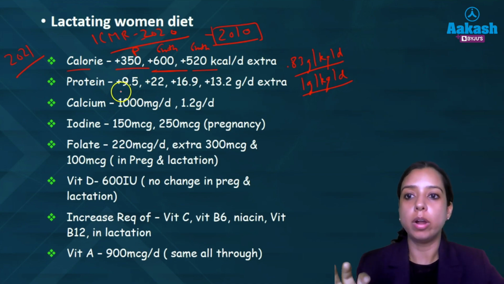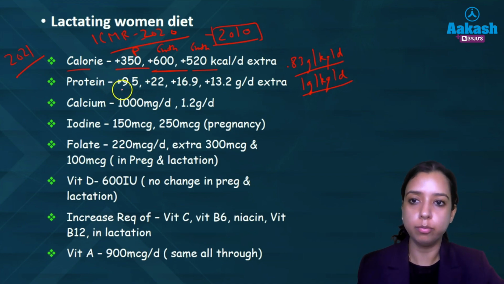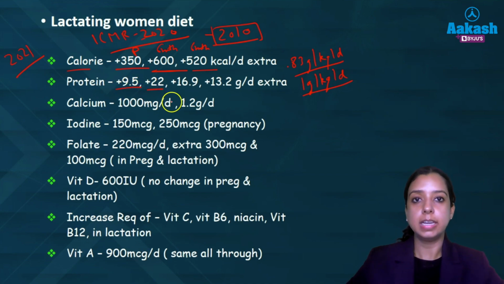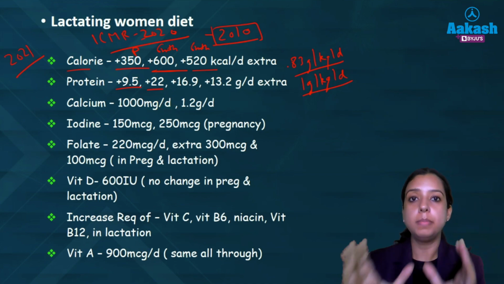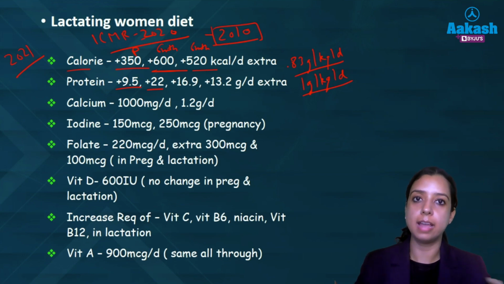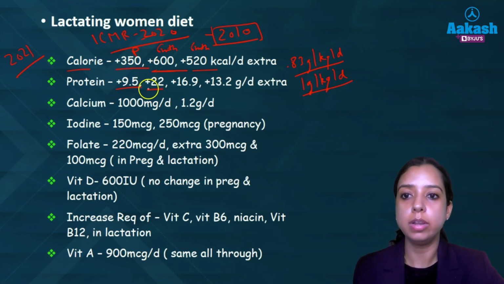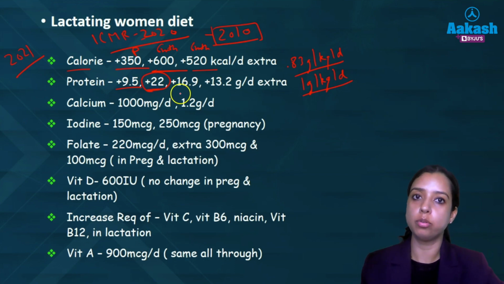Now, an additional 9.5 grams of protein is needed in the first trimester. In the second and third trimester, a significantly high amount of protein is needed because that is the time when the fetus will be gaining weight. Now the fetus will need a high amount of protein. That is why you need 22 grams of extra protein in the second half of pregnancy.